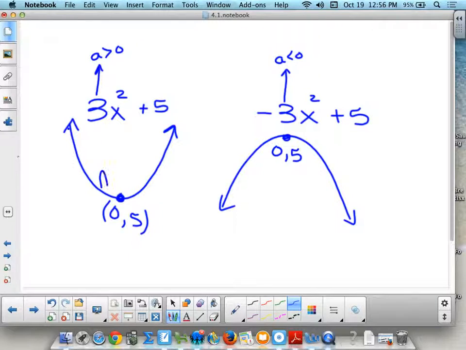Minimum. It's the lowest point. So you're going to be asked, where is the minimum? And you'll say, the minimum is the vertex. And it happens where? Where the y value is what? 5. So what I'm trying to tell you is the lowest part of the parabola happens at 5.